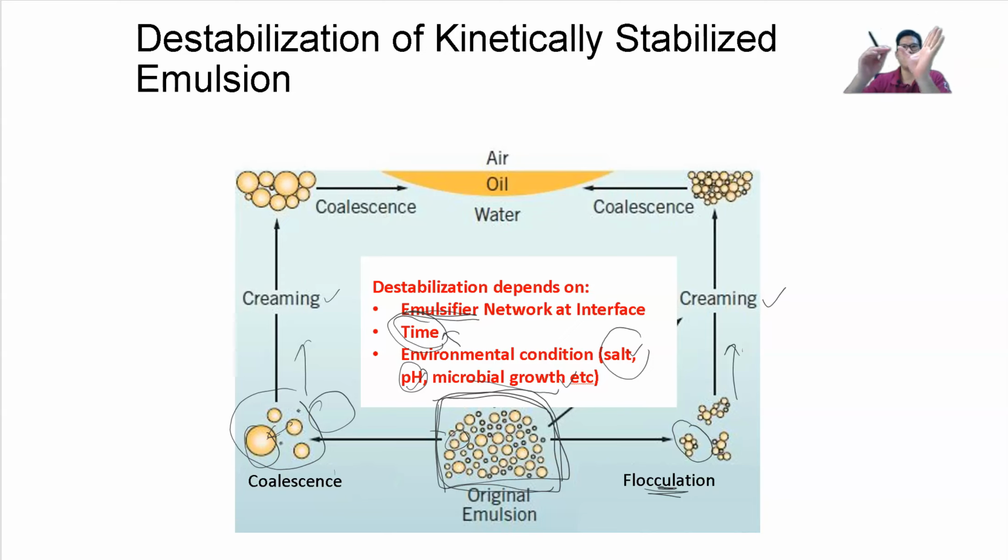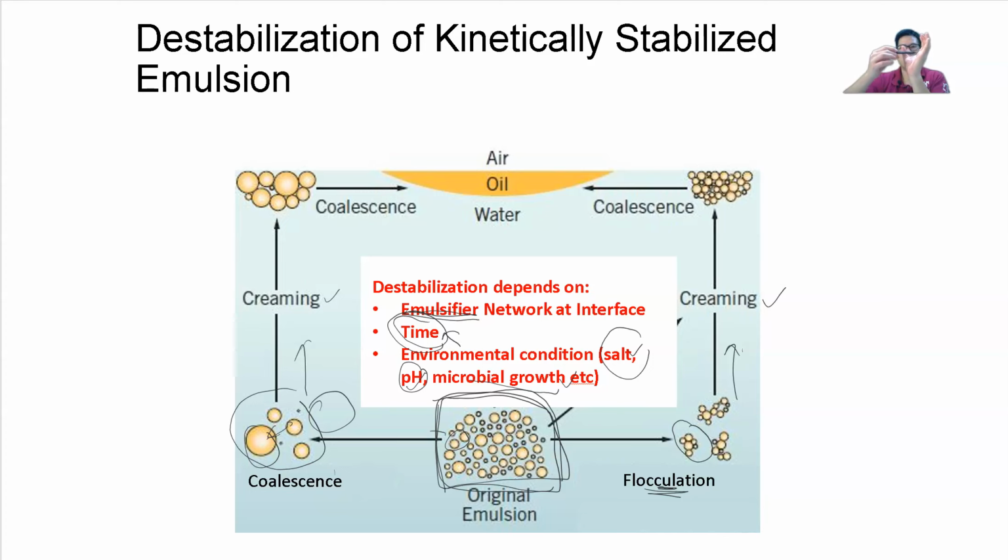When you look at a beaker with your emulsions, you can slowly see the thick white layer start to go up to the surface. This is what we call creaming.